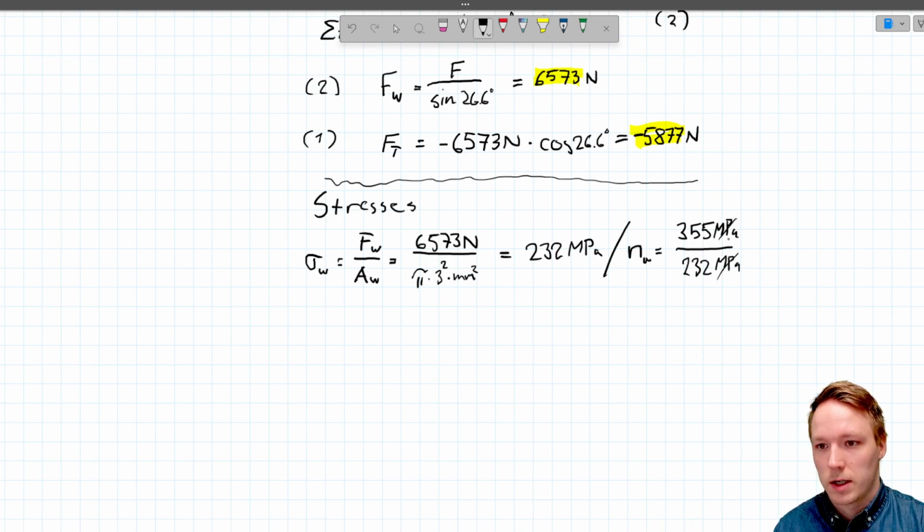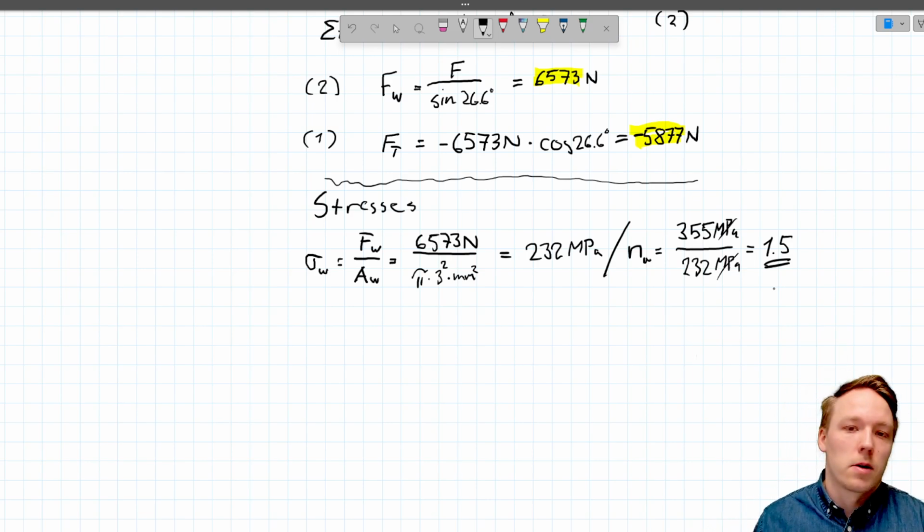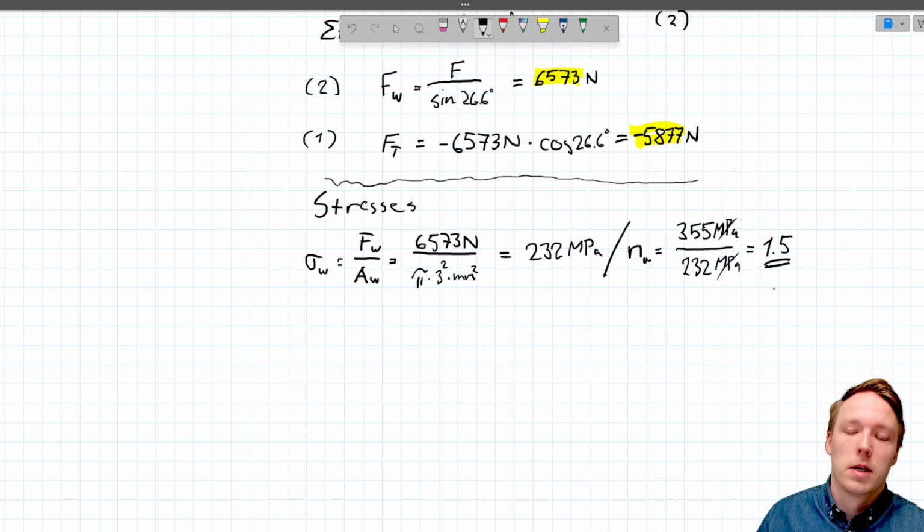Megapascals will be subtracted away and we are left with value of 1.5. So that is our safety factor for the strength of the wire. So how do we understand the safety factor? Well, basically it means that we could increase the stress in the wire by a factor of 1.5, and at that point we would be at the yield value of the material.